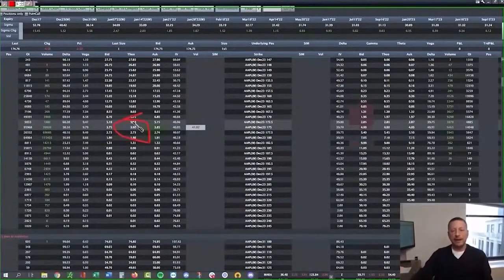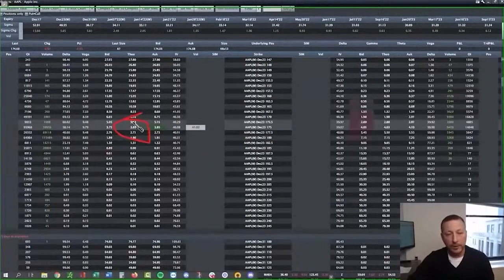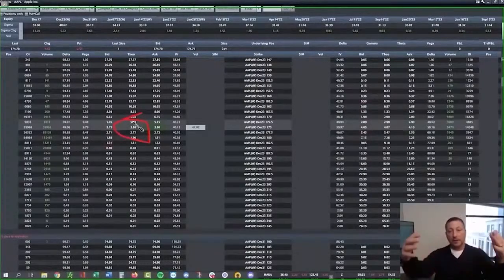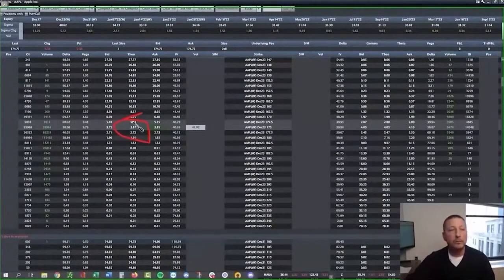So what this tells us is if we're buying expensive volatility, the likelihood is it's going to come down, and the value of the option that we just bought is going to go lower. Same thing if we sell volatility when volatility is at the bottom end of its range and the likelihood is it's going to go up, then the option we've sold could become worth more.